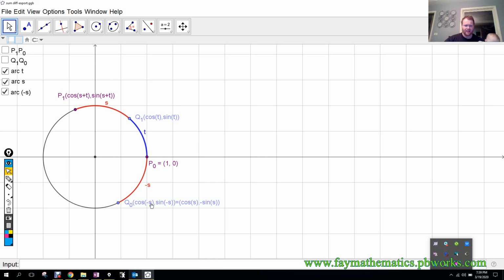So we can write cosine of negative S as just the cosine of S, and the sine of negative S is the opposite of sine of positive S. Okay, with this structure, if I trace over the top of these arcs, this arc right here is S plus T, and that blue arc is also S plus T.